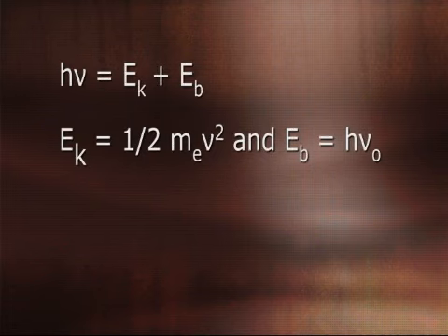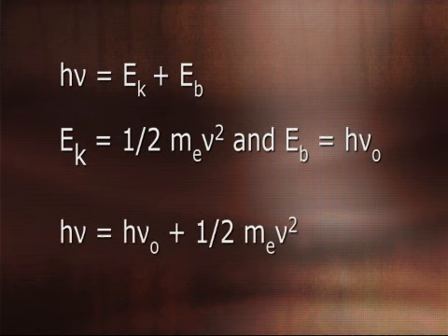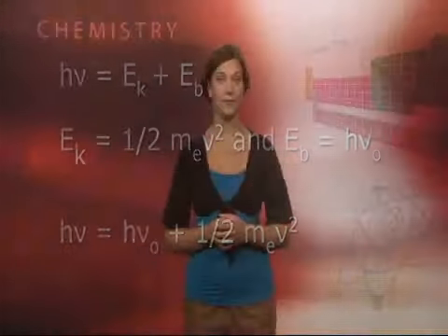If we rewrite this equation using E_K equals 1/2 m_e nu squared and E_B equals h nu_0, we end up with this equation. m_e represents the mass of an electron, and nu_0 is the threshold frequency.